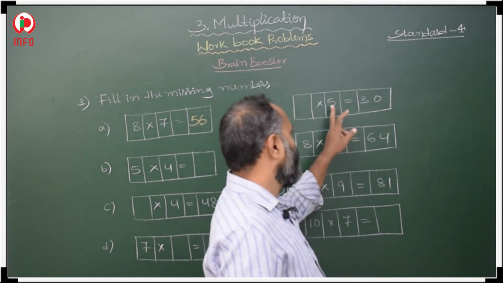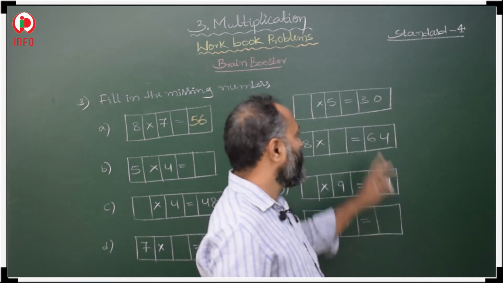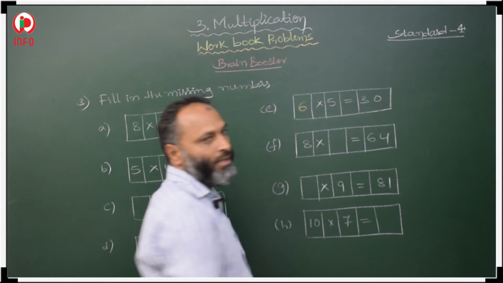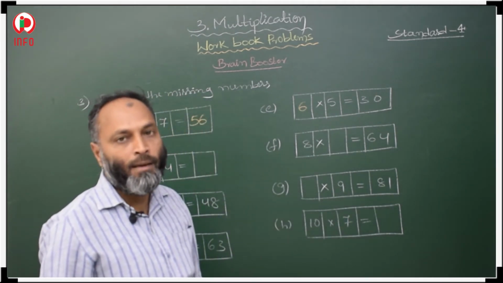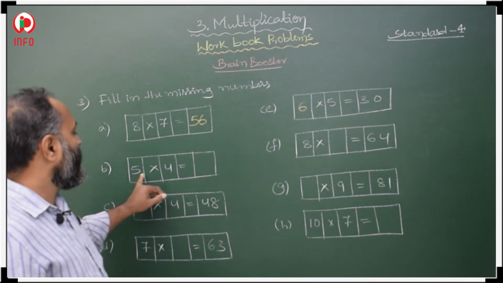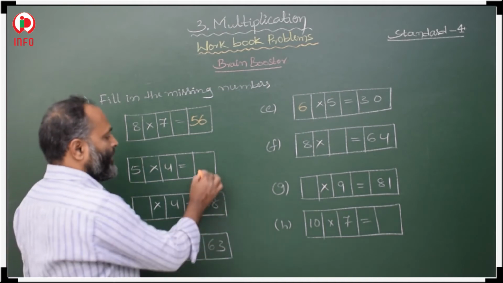It means in the 5 table, when will you get 30? 6 5s are 30. In this way we have to check. Here 5 into 4 is equal to dash, in the 5 table, 5 4s are 20.